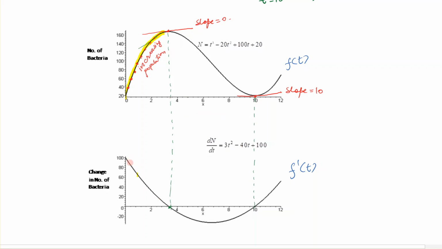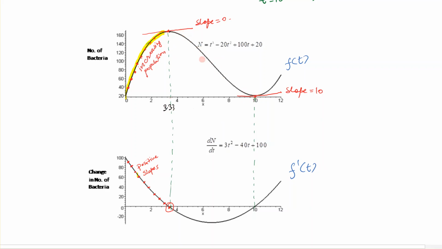That's why our slope is decreasing. And when we reach the highest point, the tangent line becomes horizontal and the slope becomes 0. So this was 3.33.